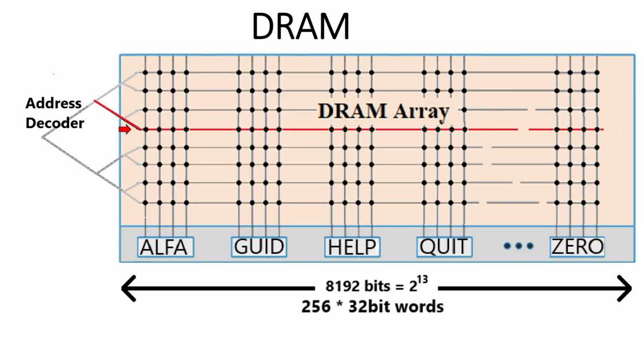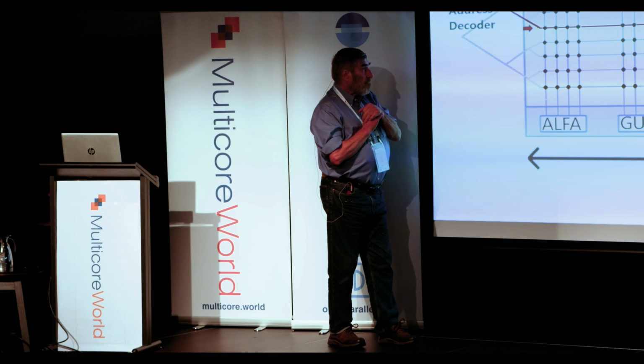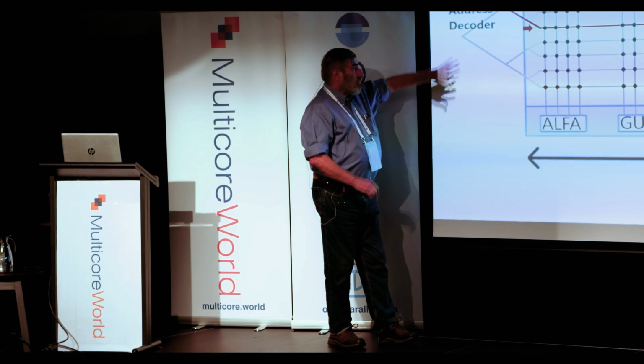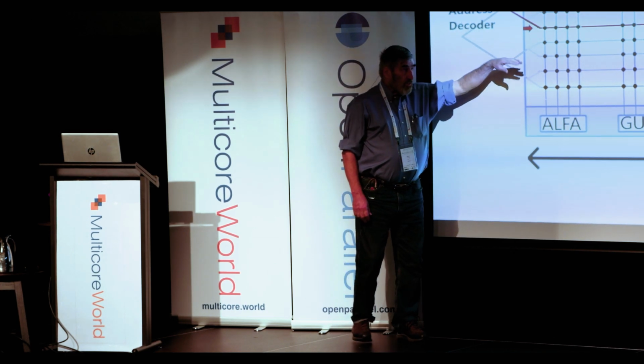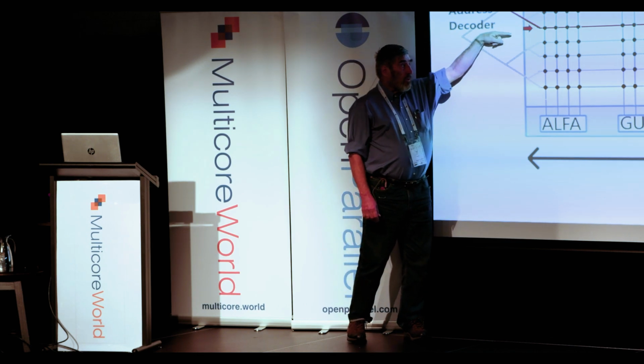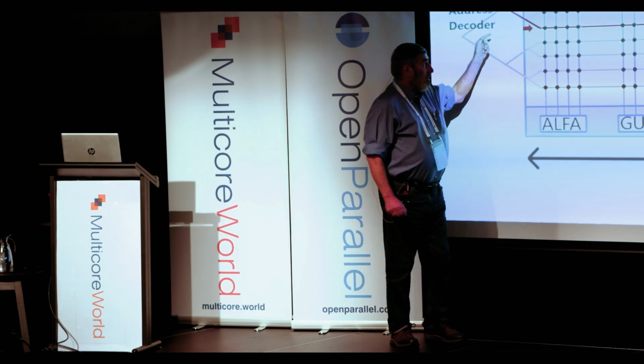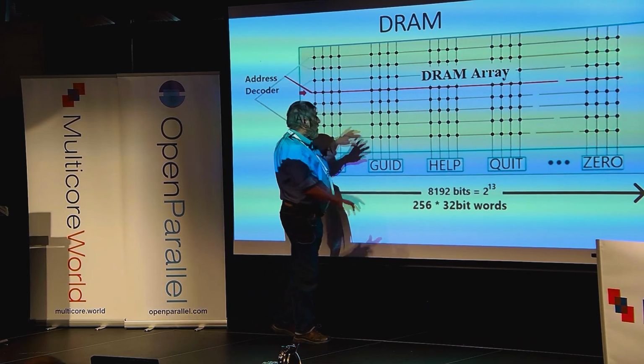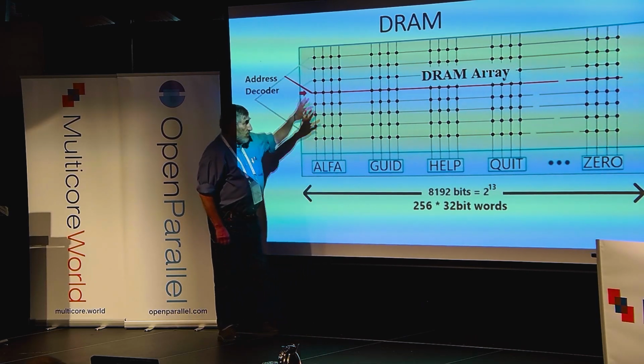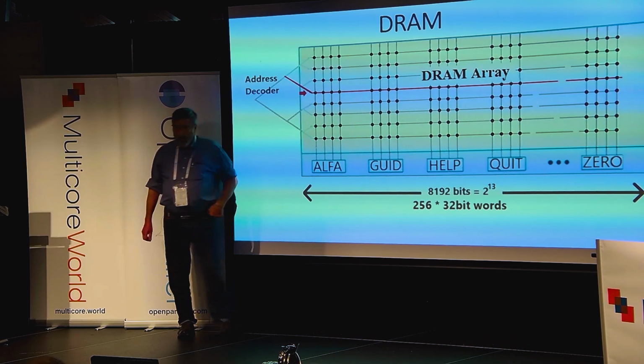We all pretty much know what DRAM is. A vast array of capacitors, each fabricated with a transistor, the so-called 1T, 1C model. There are other models, but almost all DRAM is 1T, 1C. Some decoders are organized into rows. When you select a row, the select line here, all these transistors turn on, discharge their capacitors, and it's gathered in the row buffer.